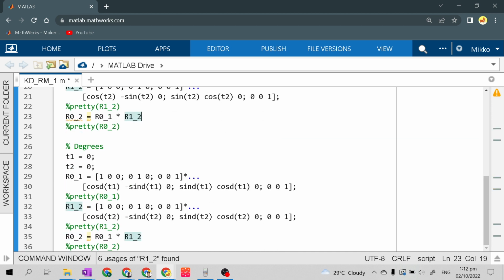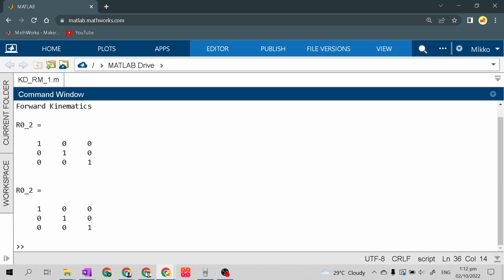Okay, remove the semicolon at R01 and at R02. So if we run this, R02 is an identity matrix. The same with R01.